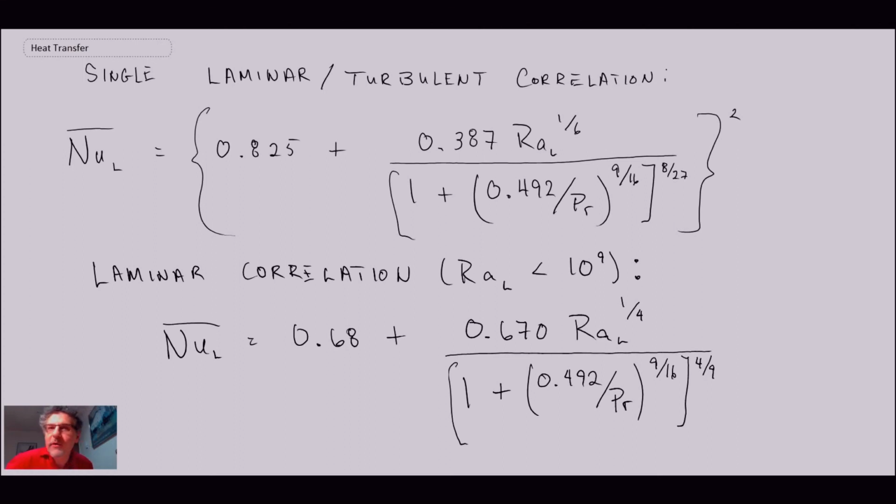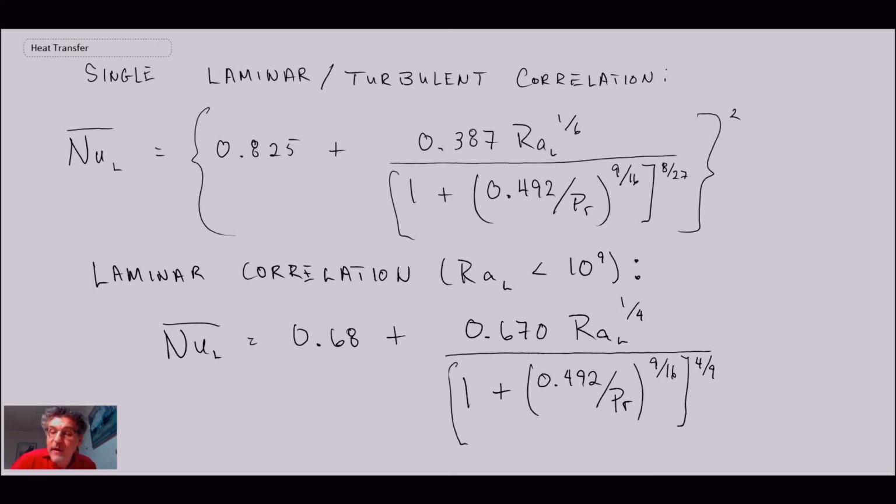Now, which one would you use? Well, it depends on if you have a turbulent Grashof-Prandtl number, Rayleigh number greater than 10 to the 9. If it's less than 10 to the 9, then obviously use the laminar relationship because that will give you a more accurate result.